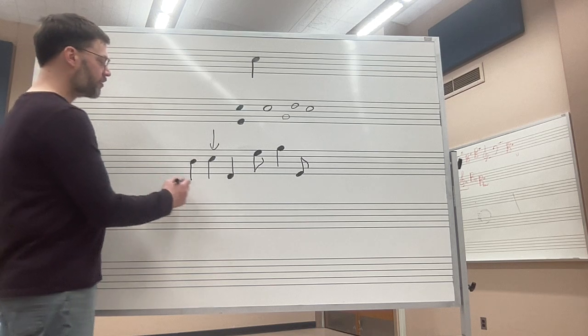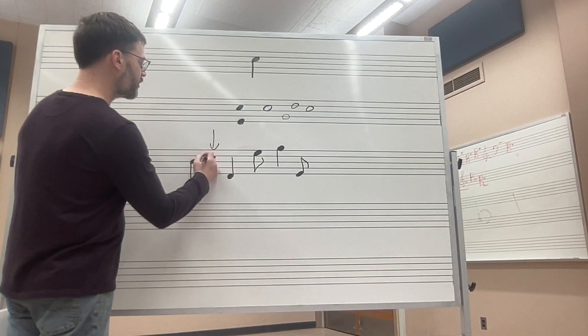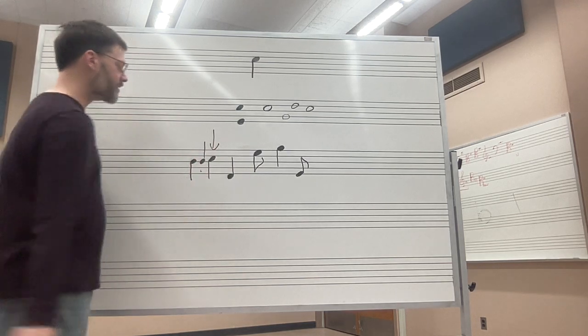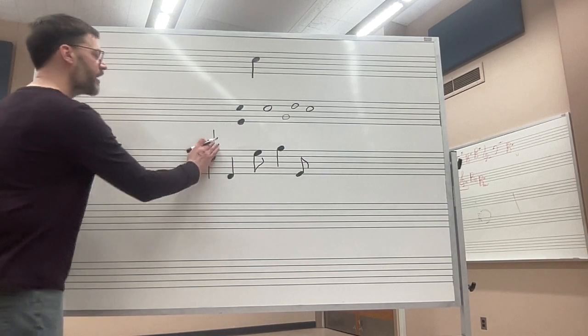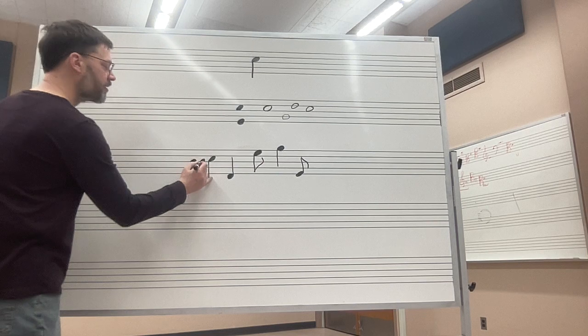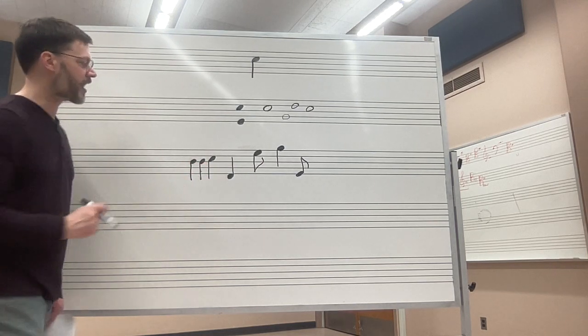But if I put a note in between that's still on the line here, you don't want something that looks like this. This is kind of a mess. So we would just keep notes nearby as close or as similar as we can.